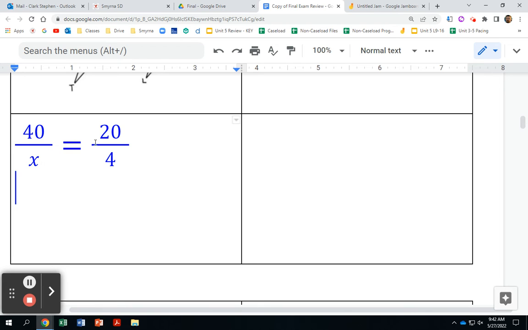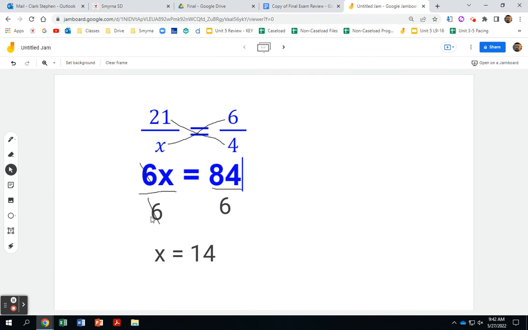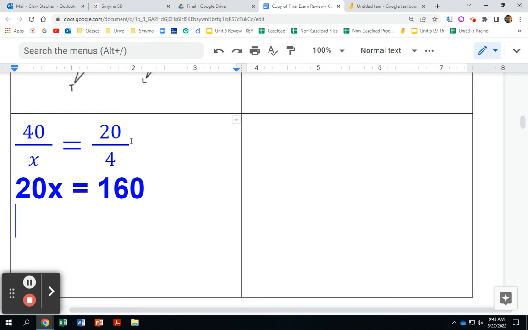Okay, so we're going to do 20 times x, which is just 20x. 40 times 4, 160. Divide both sides by 20, just like we did on this one, right? Divide by whatever's in front of x on both sides. This times, it's 20. 160 divided by 20, that'll give you 8. Oops, there you go.